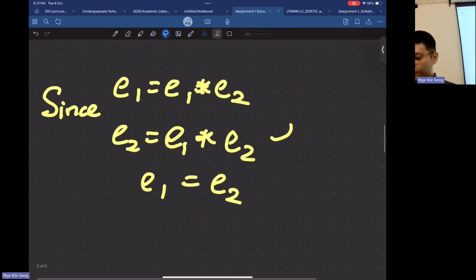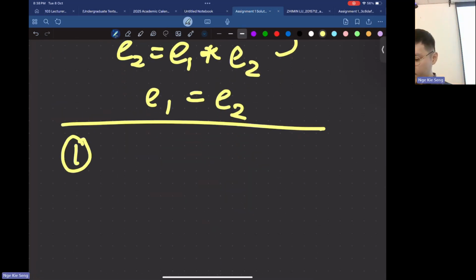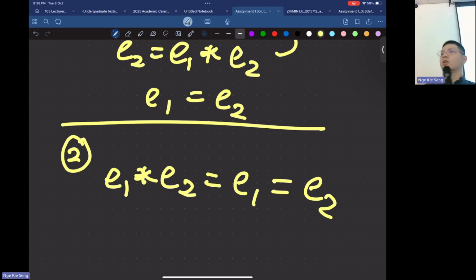There's another type of answer that says E1 star E2 equals E1 equals E2. So what's wrong with this? If you already proved that, then it's okay. But for proof-type math, we always see an equation as a sentence, meaning there's an order in it.